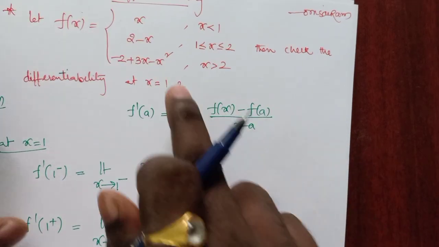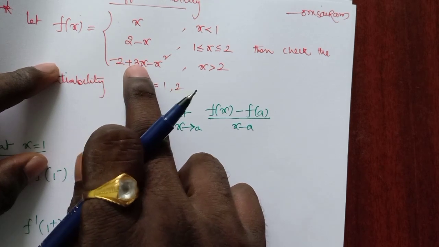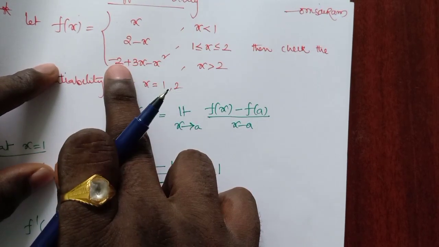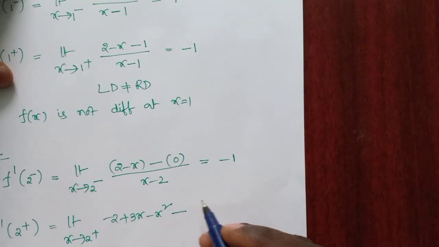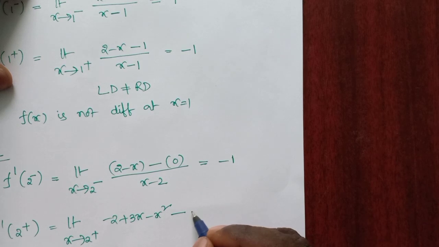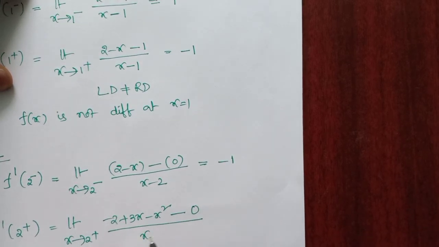So what is f of 2? When you substitute 2 here, minus 2 plus 6 minus 4, that is 0. So f of 2 is 0, divided by x minus 2.